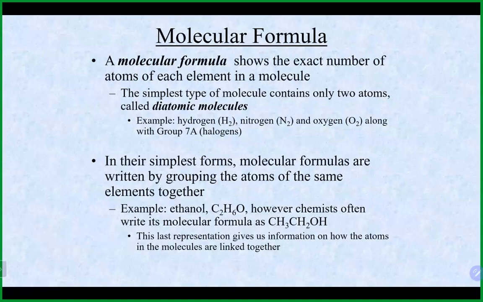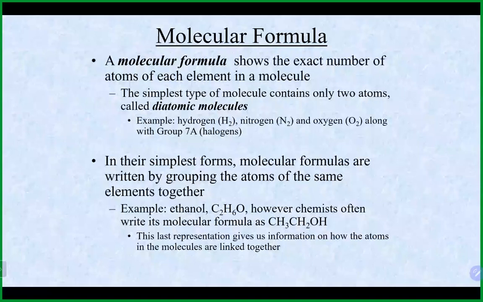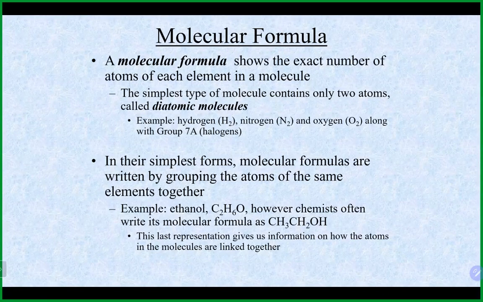And now molecular formulas can be written a variety of ways. Sometimes molecular formulas will frankly not really give you any information about how everybody's sort of connected. It just basically tells you what's there. And sometimes molecular formulas will give you some information about how things are connected to each other.